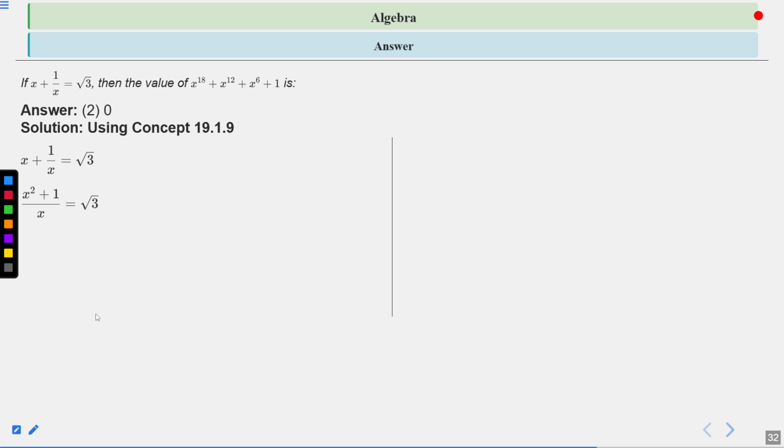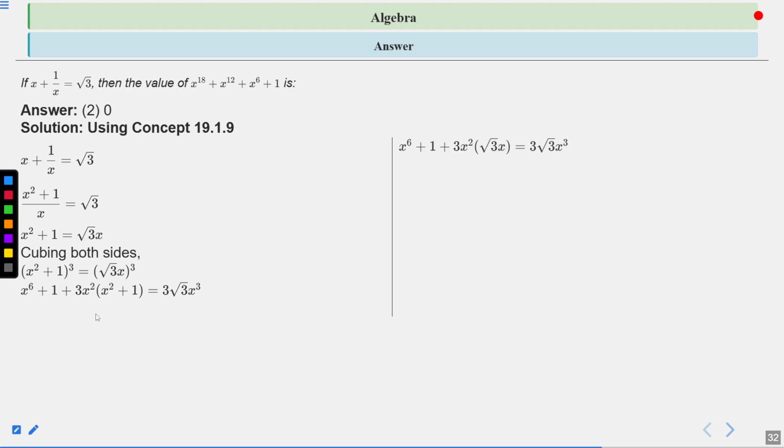Taking LCM, we get (x square plus 1) upon x equals root 3. Or we can write x square plus 1 equals root 3 x. Cubing both sides, we get (x square plus 1) whole cube equals (root 3 x) whole cube. Simplifying it, we get x to the power 6 plus 1 plus 3x square times (x square plus 1), which equals 3 root 3 x cube.